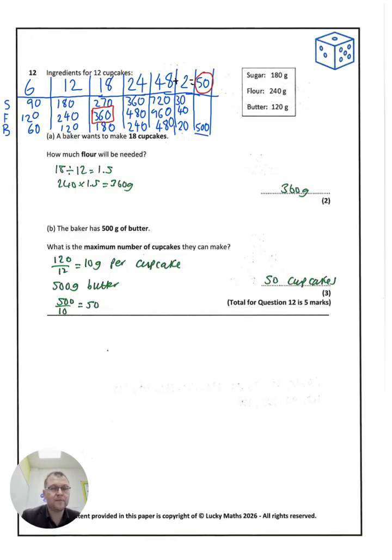But if we break the rest down, we've got 2 extra cupcakes, because that's the extra 20 grams that with the 480 gives you the 500 grams, which therefore 48 plus 2 shows you why 50 cupcakes is the answer.